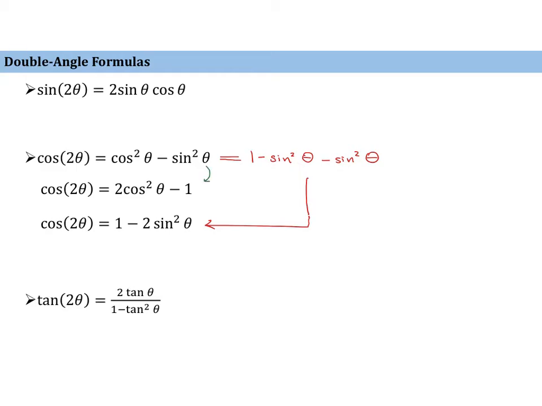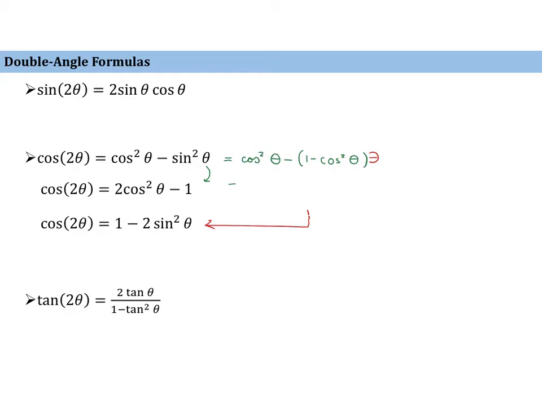Well, what about this? How do we get 2 cosine squared of theta minus 1? Likewise, we can replace sine squared of theta with 1 minus cosine squared of theta. So we could take cosine squared of theta minus, and then we will replace sine squared of theta with 1 minus cosine squared of theta.